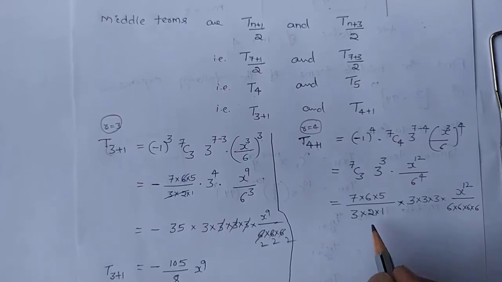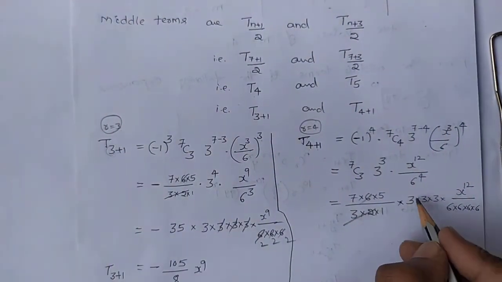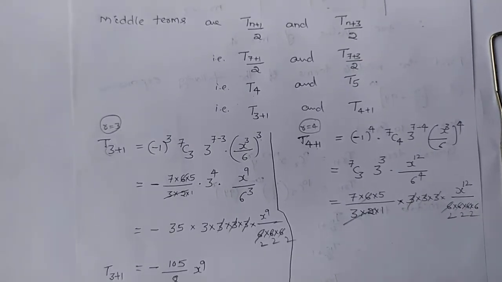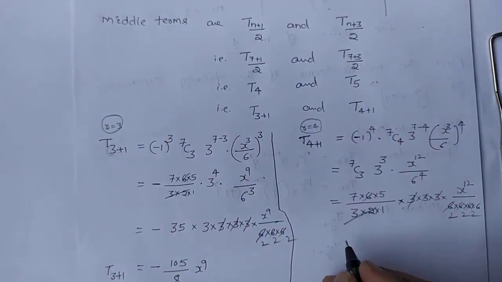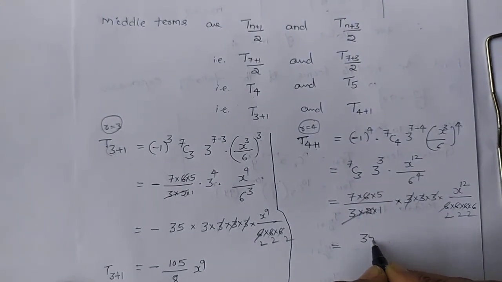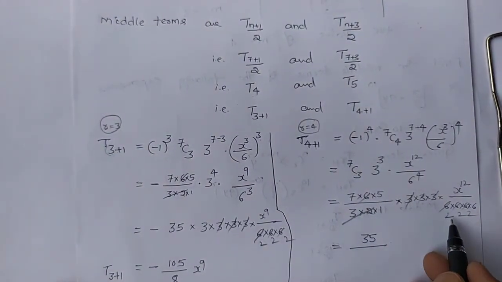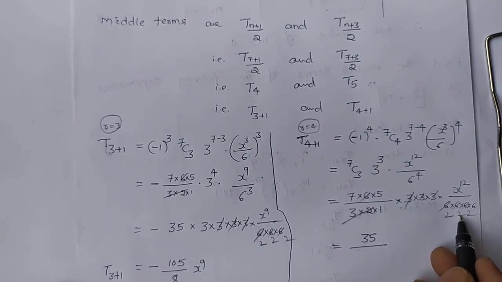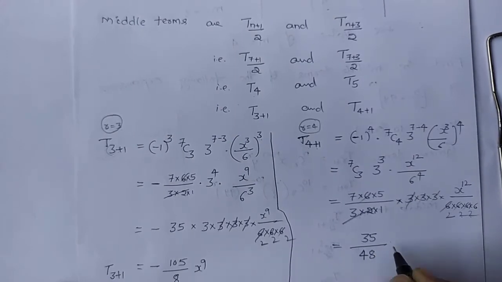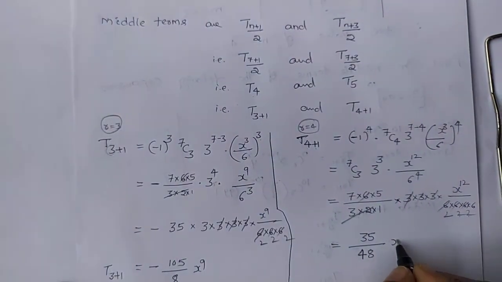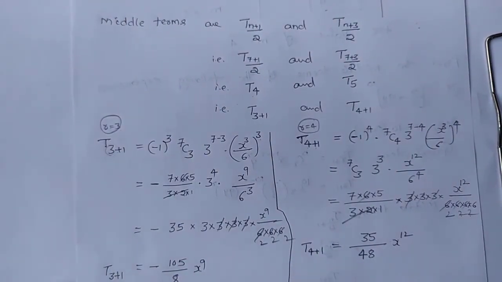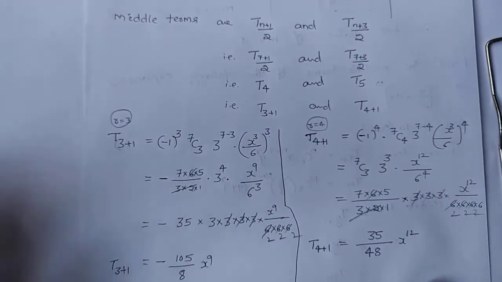Simplifying, that is 7 into 5 is 35, divided by, in the denominator, 2 into 2 is 4, 4 into 2 is 8, 8 into 6 is 48, into x power 12. It is what? T(4+1). Hence, it is the middle term.